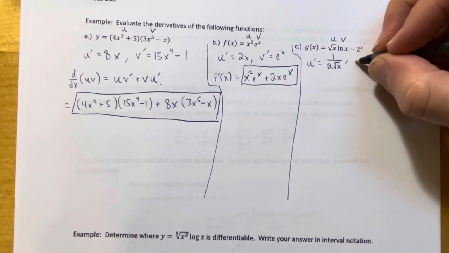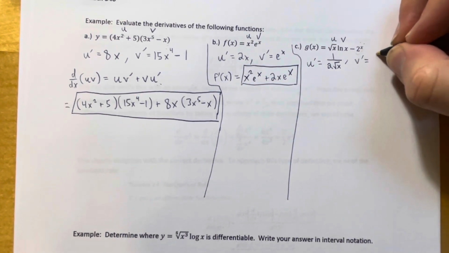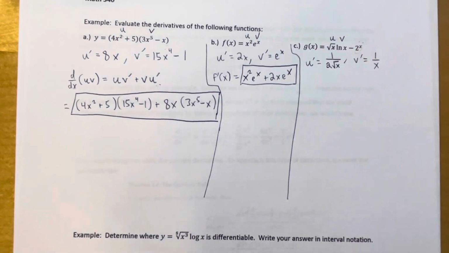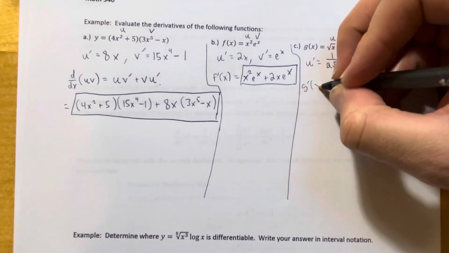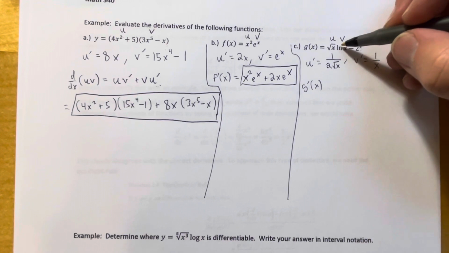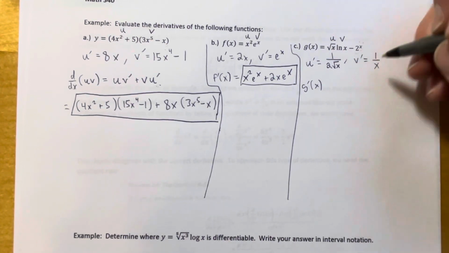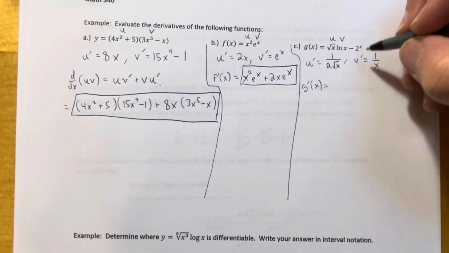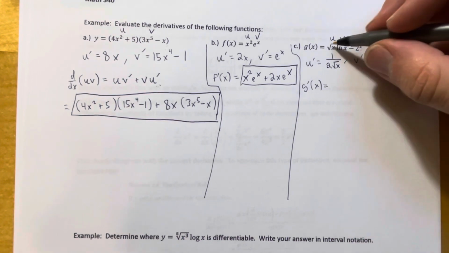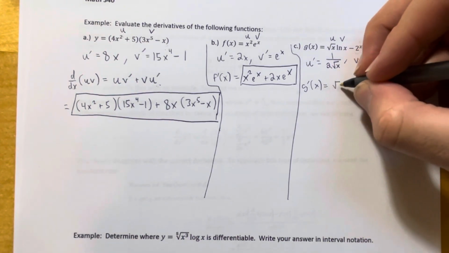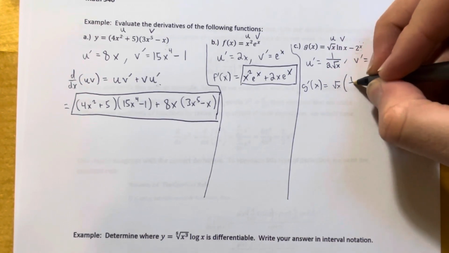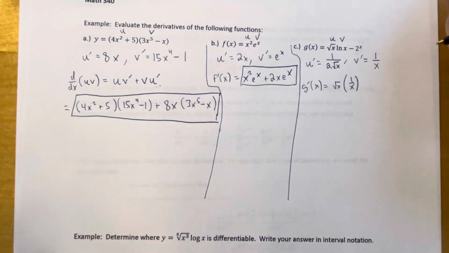V prime is 1 over x. That's what the natural log of x's derivative is. So when I find g prime of x, I have to find the derivative of this product, which is going to use the product rule. That's u times v prime. So that's the square root of x times 1 over x. Okay?